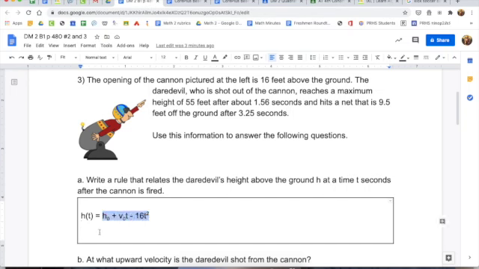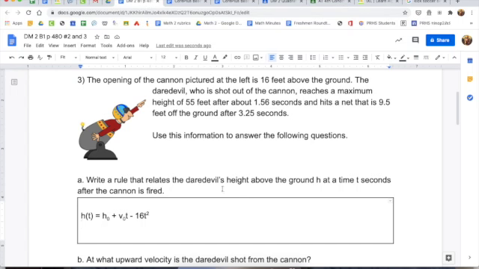I'm going to do a little copying and pasting here, but I'm going to put in some of the information that I know. Looking at the information we're given, when time is 1.56 seconds, the height is 55 feet. And we know that the opening of the cannon is 16 feet above the ground. So let's put in some of that information.